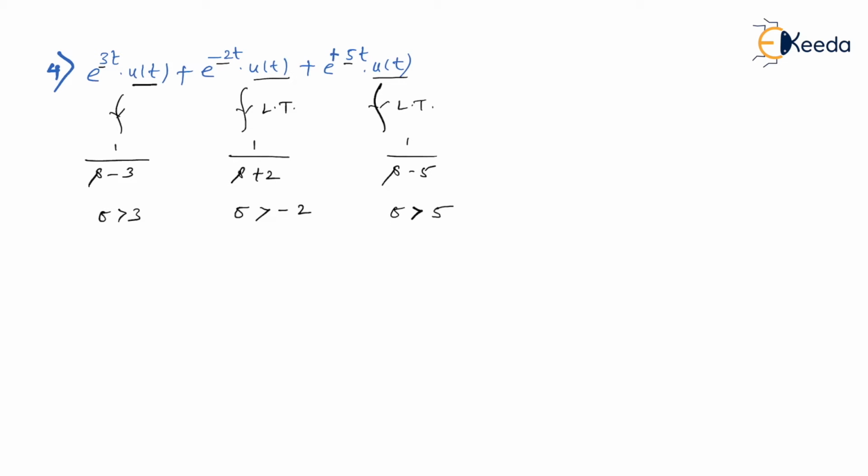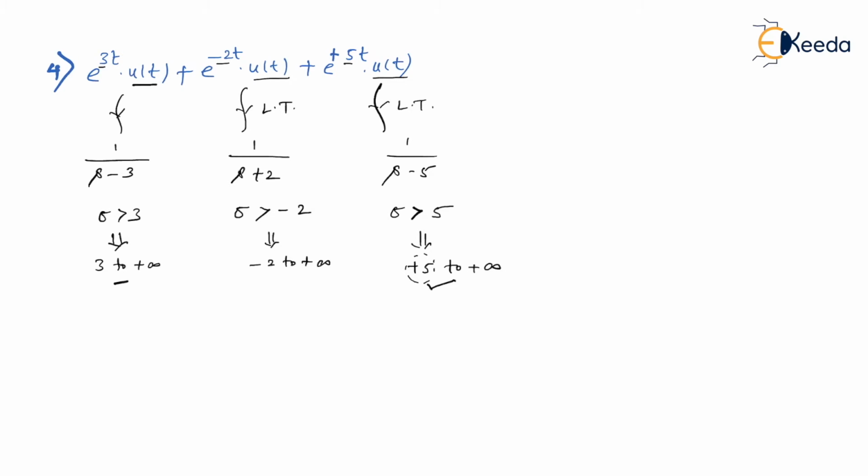So try to understand that this is moving from 3 to infinity, this is moving from minus 2 to plus infinity, and this is moving from positive 5 to infinity. Now try to get the common area. The common area can be 5 to infinity. Am I right? Because if I take 3 to infinity, then it is going to include positive 5 in the ROC, and we know that we are not allowed to have a pole within the ROC.